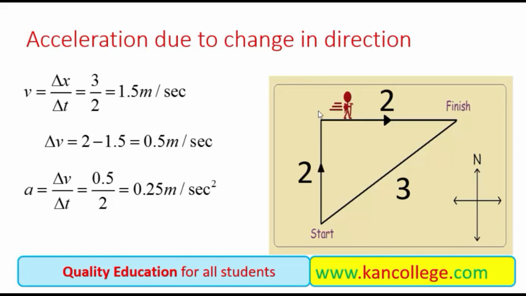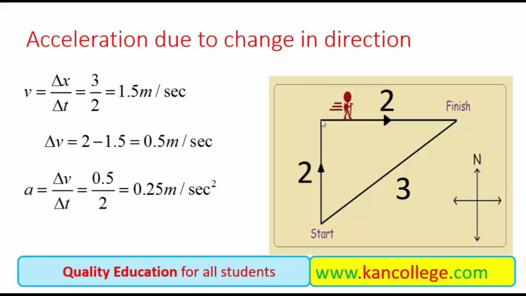In 2 seconds you would shift a displacement of 4 meters, but as you have changed the direction, your total displacement, how much you are displaced from your initial place to the final place, is not 4 meters, it is less than 4 meters.